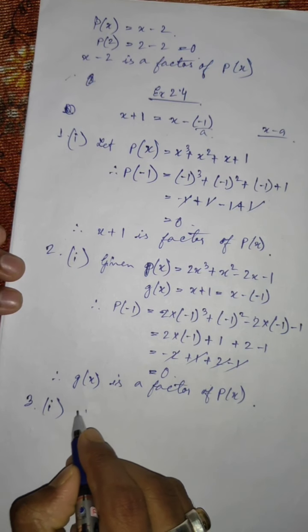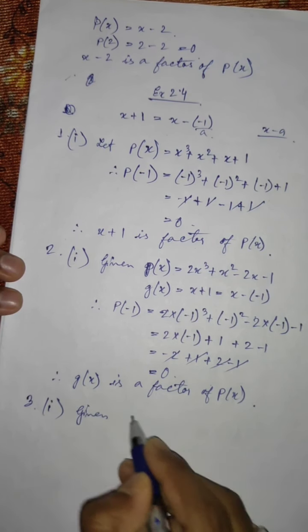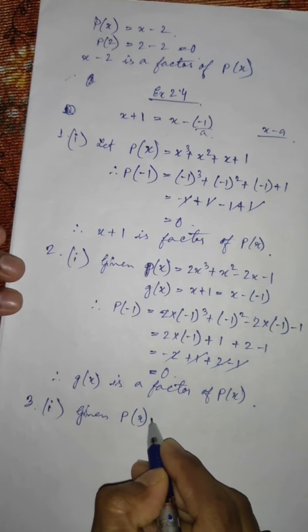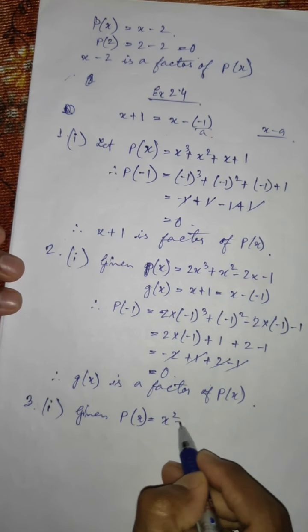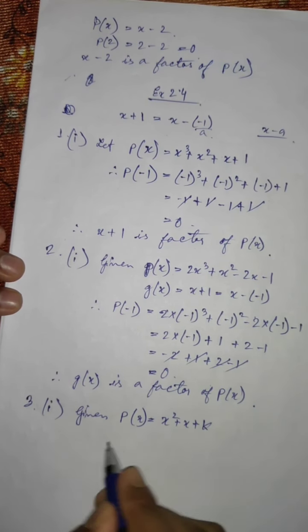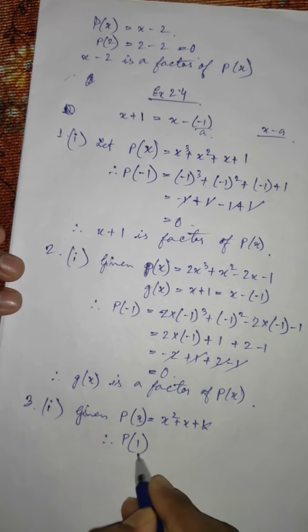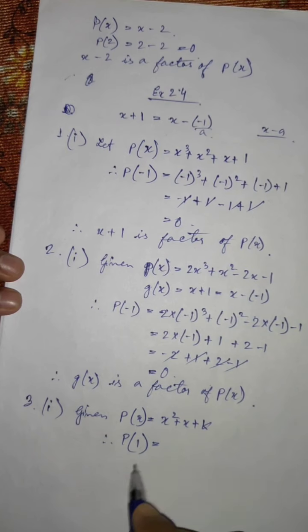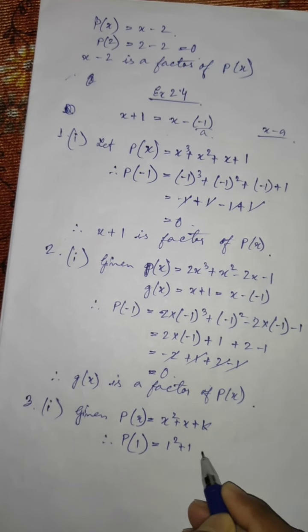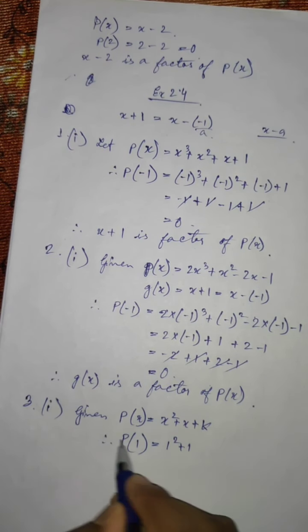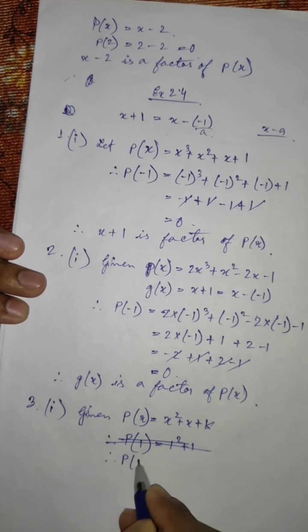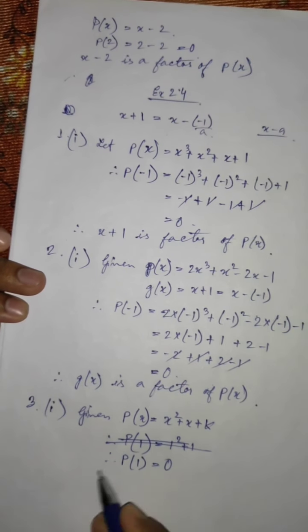We are given first to write the polynomial p(x) equal to x square plus x plus k. Therefore, p(1) must be 0 as per the factor theorem.